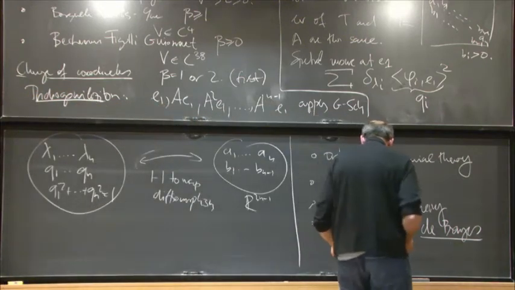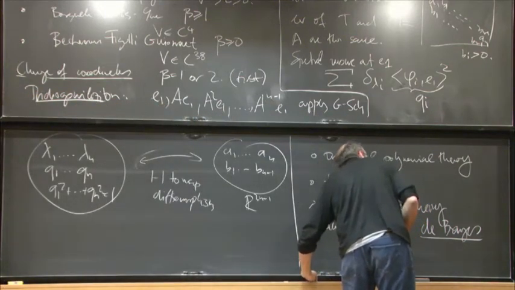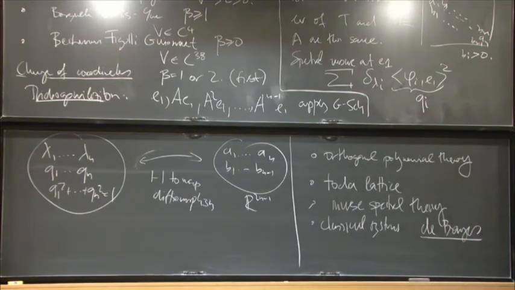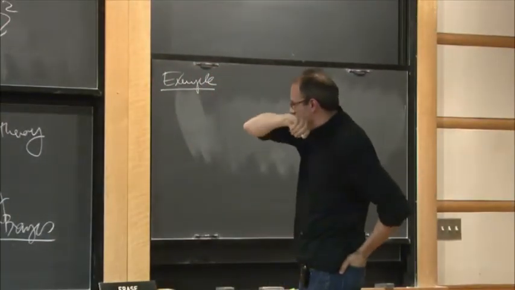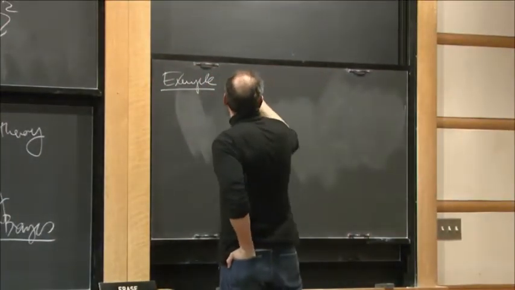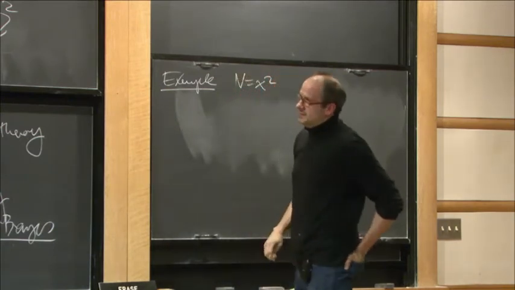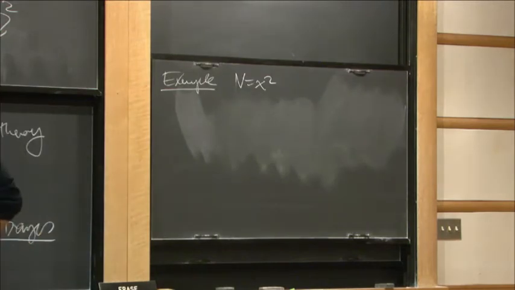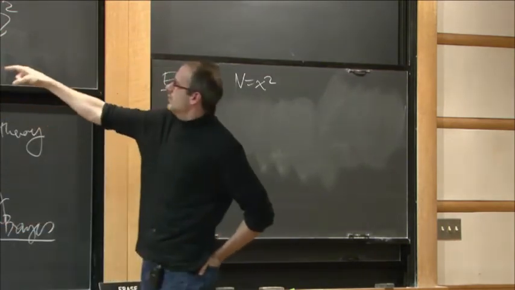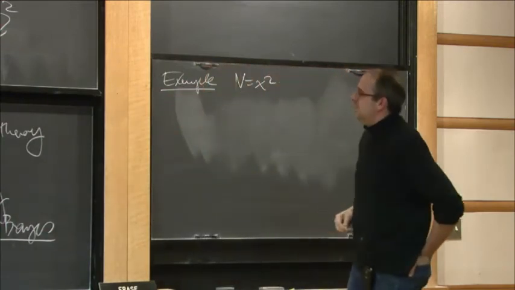Okay, so you have this transformation, and so let's just look at some example. The simplest example is when V is x squared, right? So then you can do this thing actually explicitly on the matrices. It's called Householder reflections, how you do this special tridiagonalization.